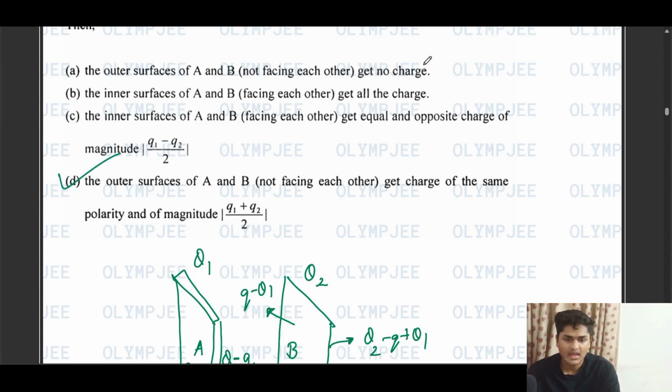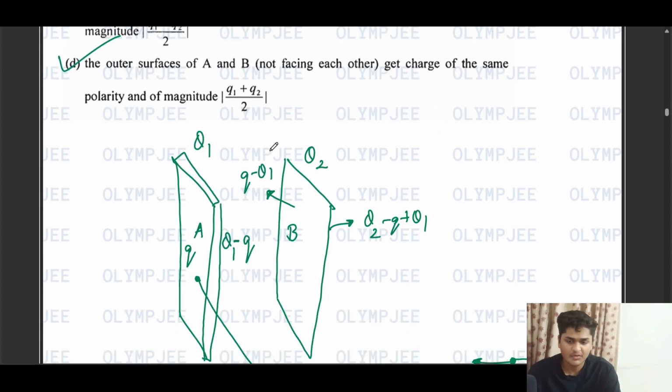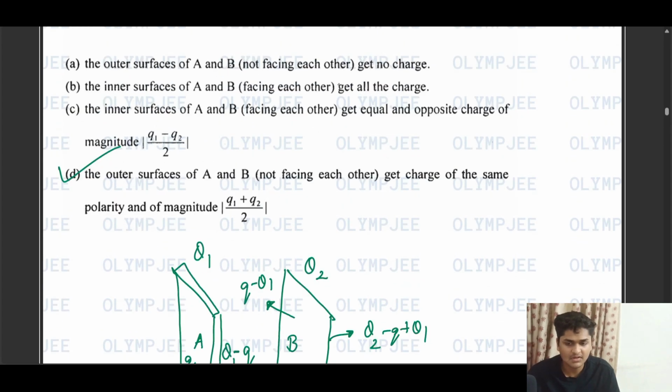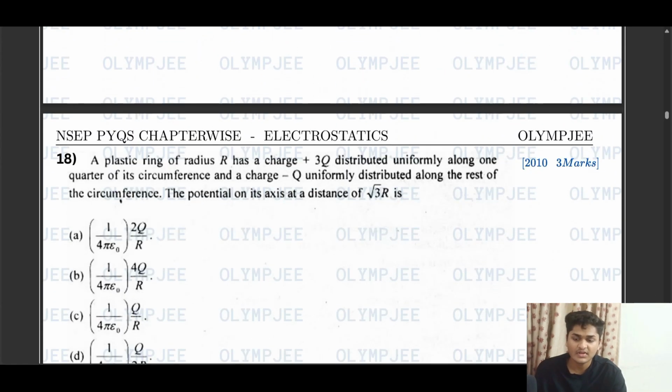This is correct, and the inner surfaces have opposite signs with the same magnitude, and if we calculate Q minus Q1 it will come out as this only. So option C is also correct. So moving on to the next question.